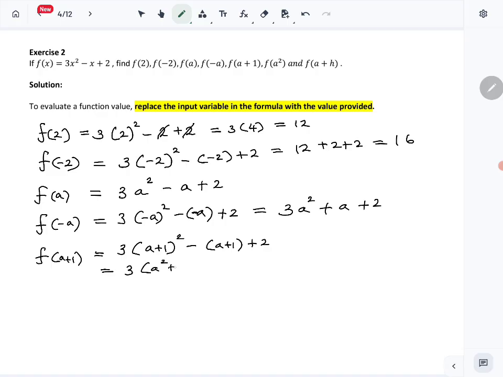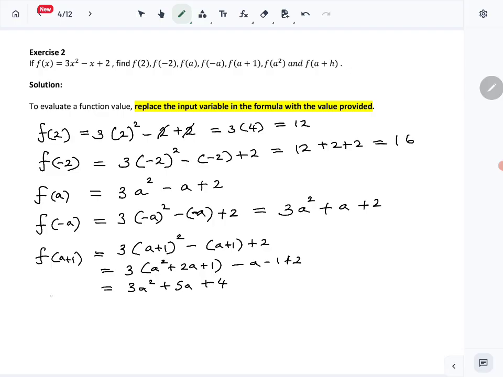A squared plus 2a plus 1 minus a minus 1 minus 2. Then again simplify. 3a squared, 6a minus a cancel, 5a plus 3. This is plus 2. So this is my plus 1 plus 3 plus 4. Right. So you get that.